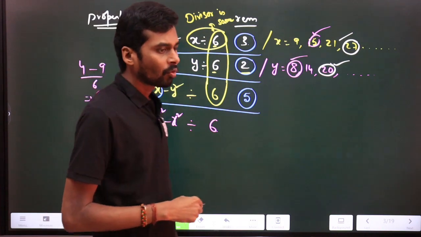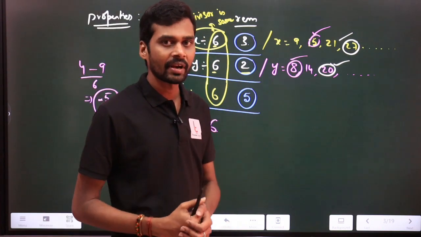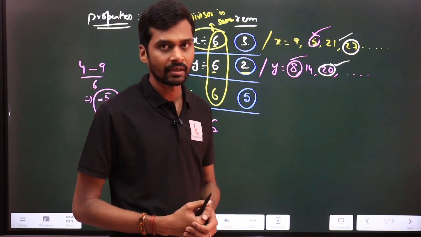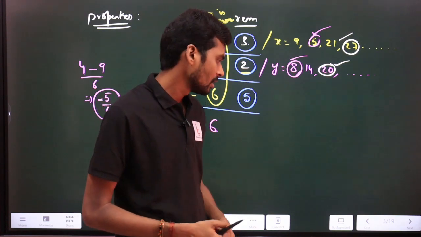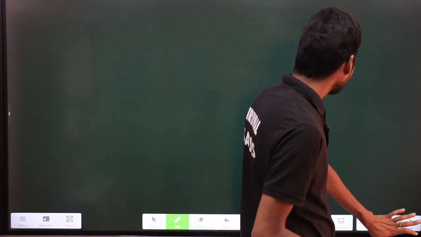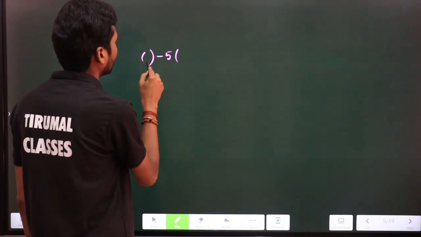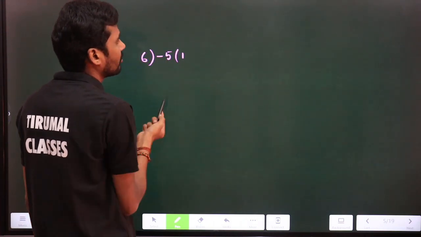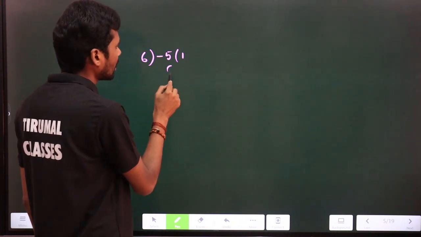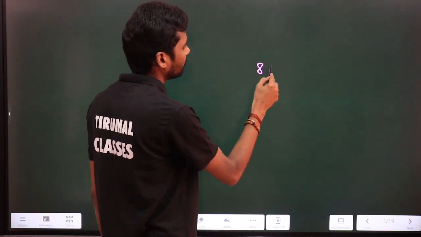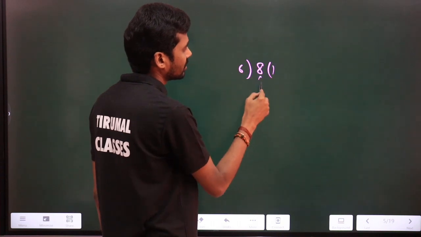Okay. So what is the remainder when minus 5 is divided by 6? Suppose I take 1 here. We know the normal division, when 8 is divided by 6, 6 1s are 6.